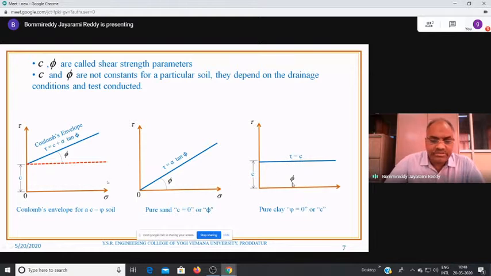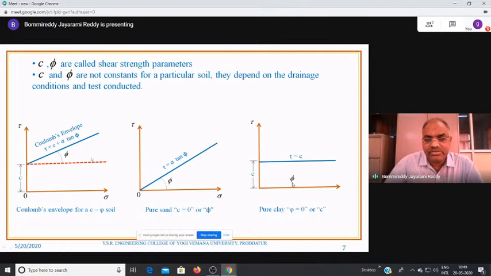So in general there are three different types of soils. One is pure clay, pure cohesive soil, where the envelope is horizontal with a y-intercept of C. Another is cohesionless soil, pure sand, where the failure envelope passes through the origin. Another is generalized soil, which contains C and also phi, with a y-intercept of C and an angle of internal friction phi.